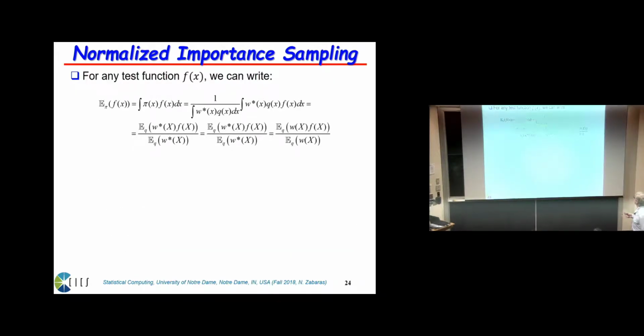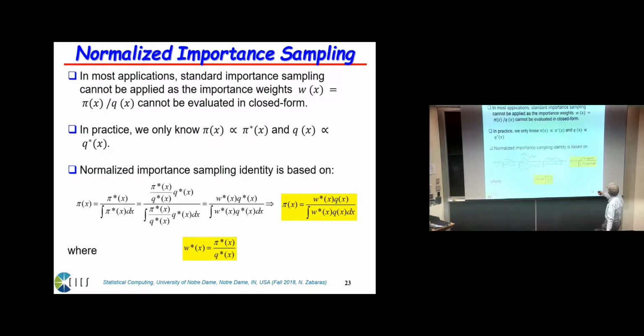So we go back to our real problem. The real problem is, can we compute the expectation with respect to pi of f of x? That's the real problem. So what have I done from here to there? Take a look.